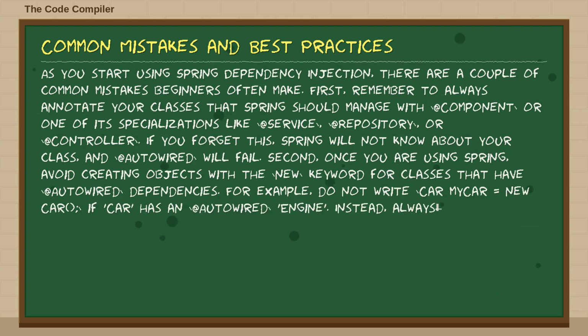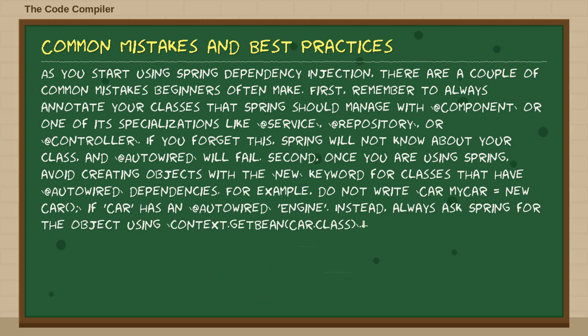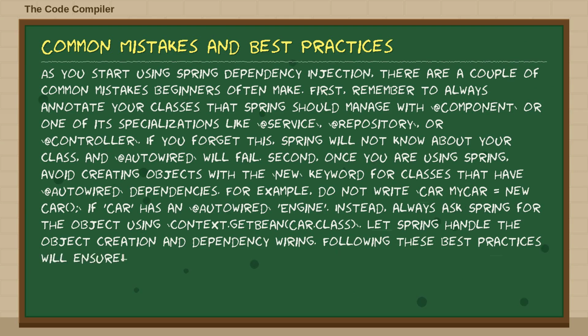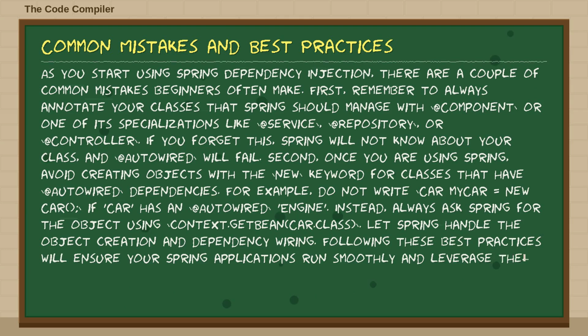Instead, always ask Spring for the object using context.getBean(Car.class). Let Spring handle the object creation and dependency wiring. Following these best practices will ensure your Spring applications run smoothly and leverage the full power of dependency injection.